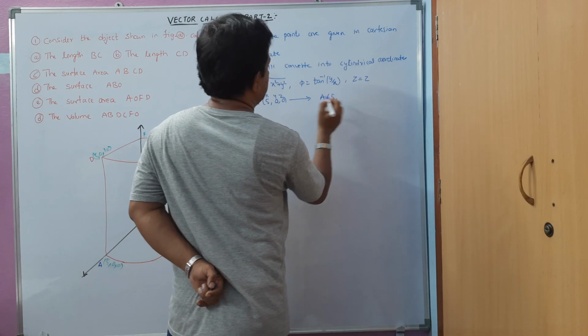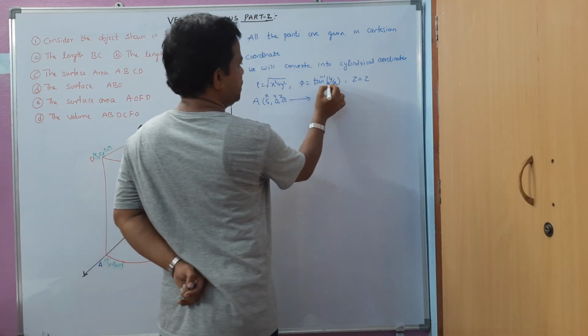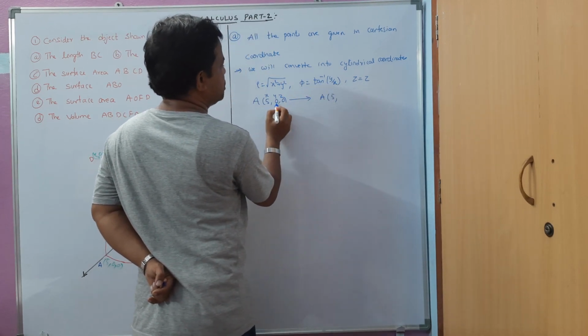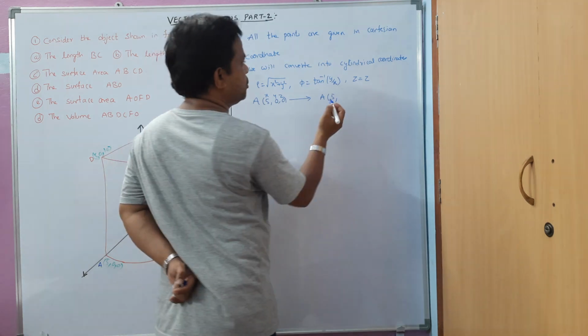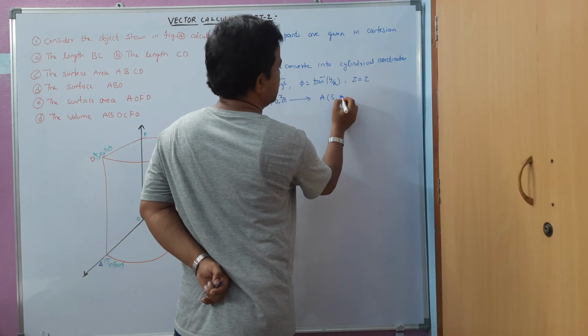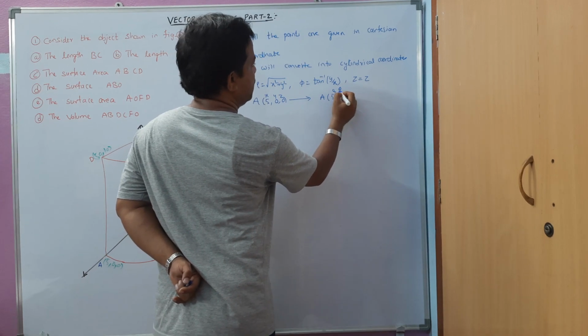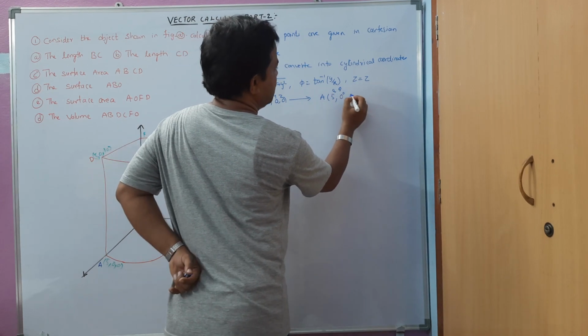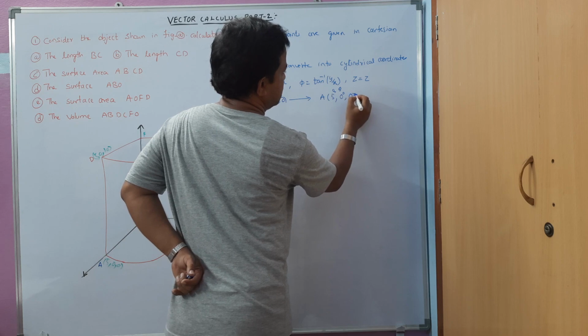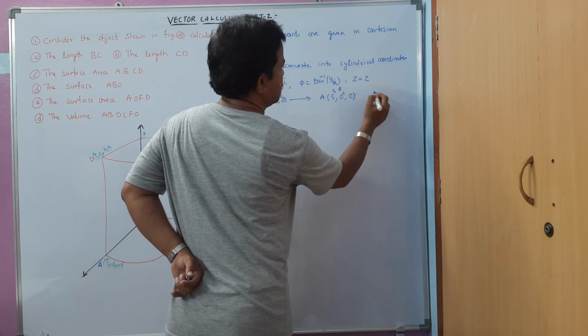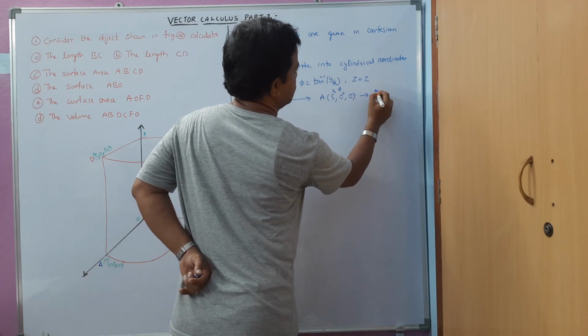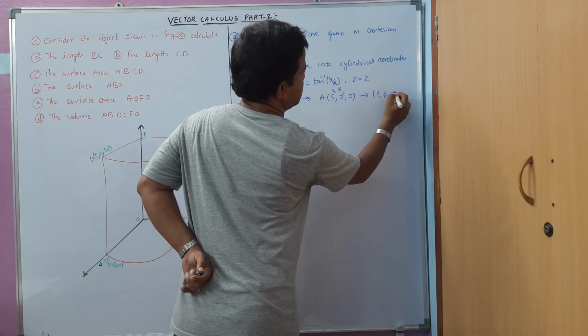Now take the tan inverse of y by x. Y has been given as 0, and 0 by 5 is 0. Tan inverse of 0 is 0 degrees. This is rho and this is phi, and z is the same as in the cylindrical coordinates, so it won't change here. So in cylindrical coordinates we have rho, phi, z as the point.